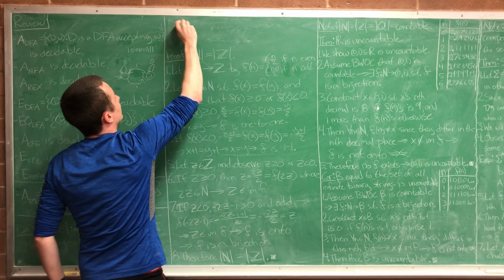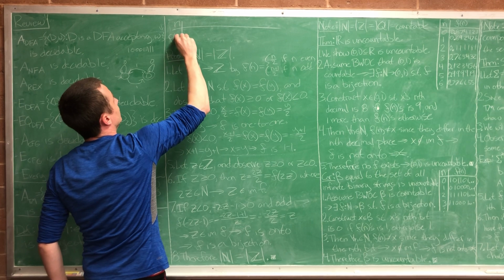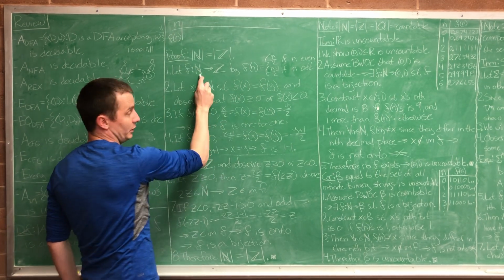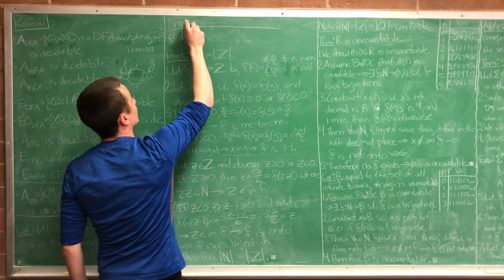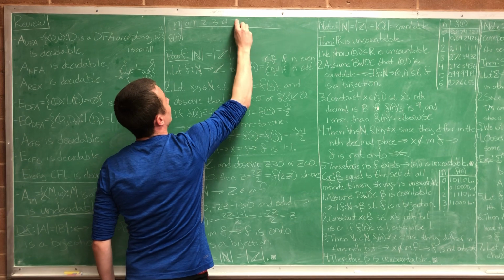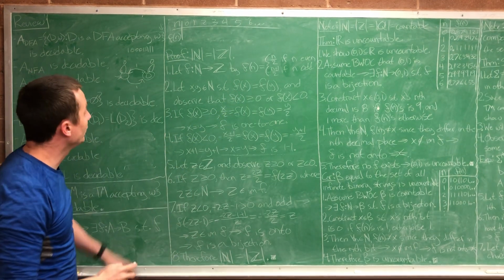We'll do n up here and f of n down here. So the things that we're going to plug into the function are the natural numbers. Here's our domain. So we're going to plug into this function 0, 1, 2, 3, 4, 5, 6, etc. Right? What's going to come out of the function?